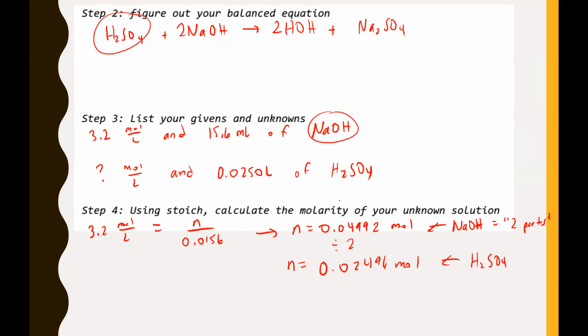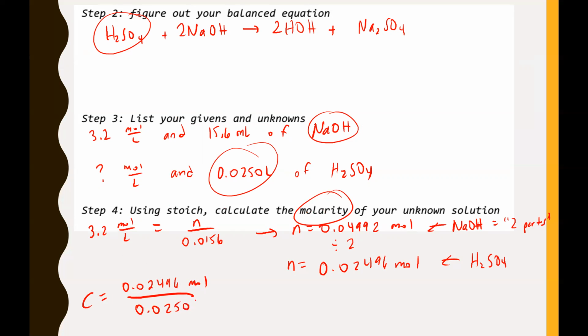Last but not least, the question is saying calculate the molarity of your unknown solution. That's what we always do with titration experiments. We always try to find the concentration of our unknown solution. Concentration or molarity is just your number of moles divided by your number of liters. We know how many liters we have. It's right there. So our concentration equals 0.02496 moles over 0.0250 liters.